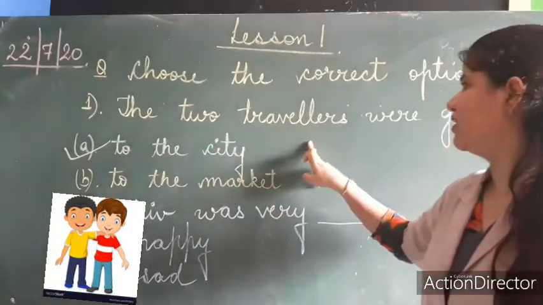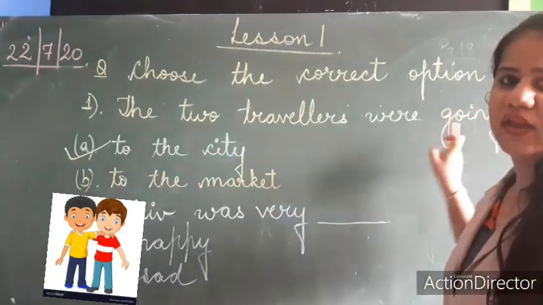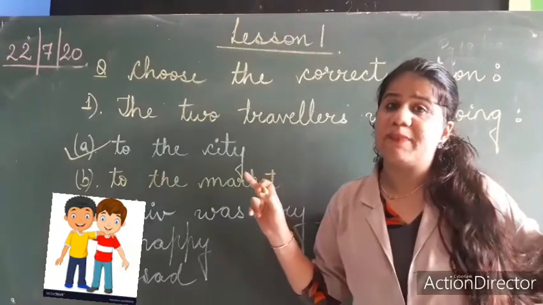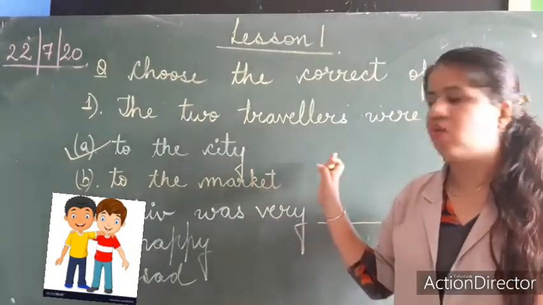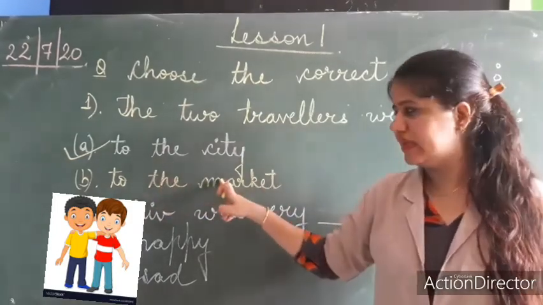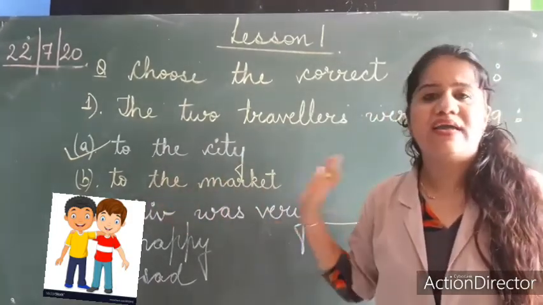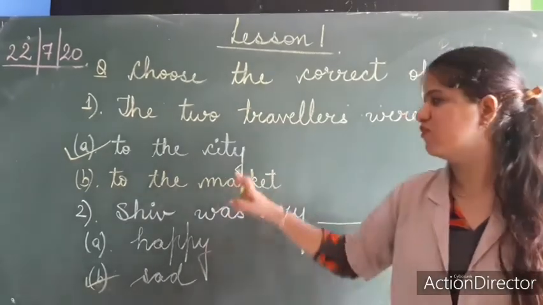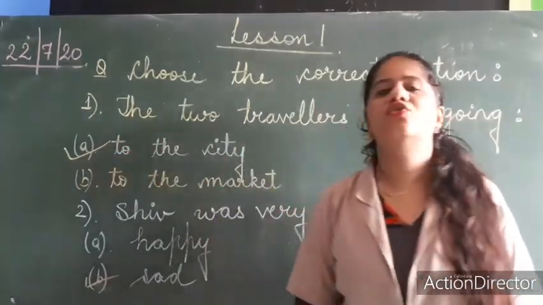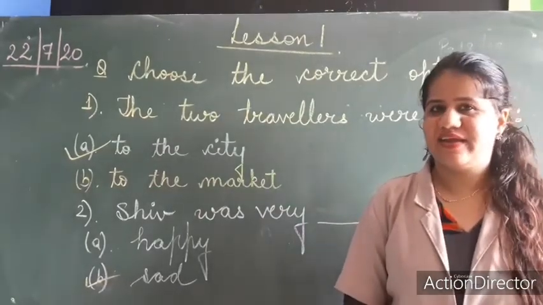The two travelers were going. The two travelers, we are talking about Gopal and Shiv. The two travelers were going to the city or to the market. The two travelers were going to the city. So we will put a tick on to the city.